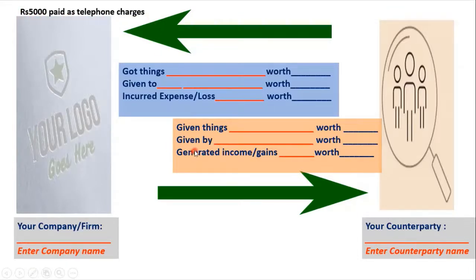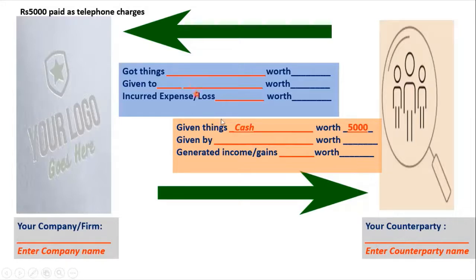We have paid 5,000 cash to the telephone department, but we did not get anything in return, no product or tangible thing, and they are not supposed to return anything in future. No responsibility is created. So in that case, the first two lines in the debit portion will not apply.